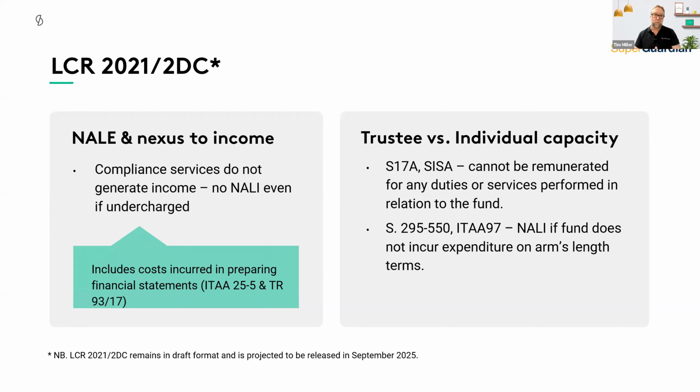And also recognizing that for those of us that have been in the industry long enough, when this whole thing first started, between 2010 and 2012, when they talked about interest rates and limited recourse borrowing arrangements, they were focusing exclusively on the SIS arm's length requirements, which said that the transaction can be no more favourable to the related party.